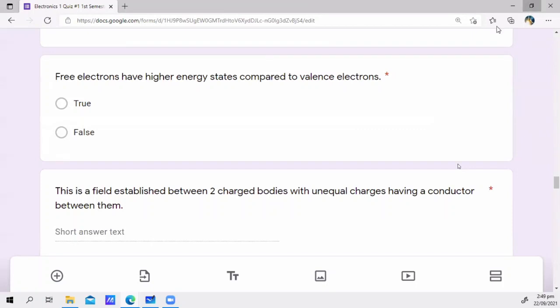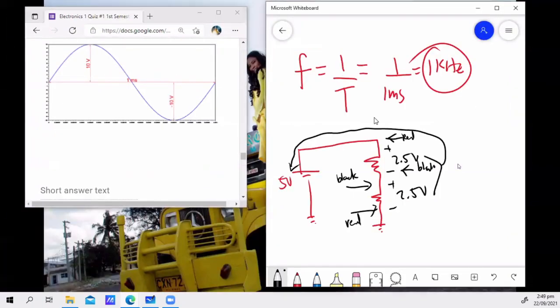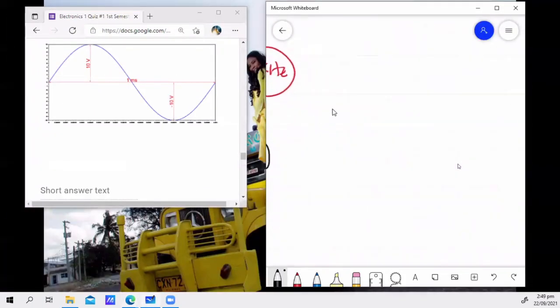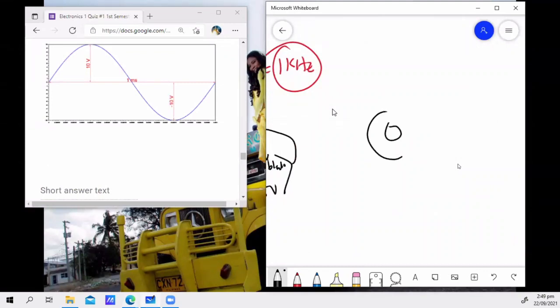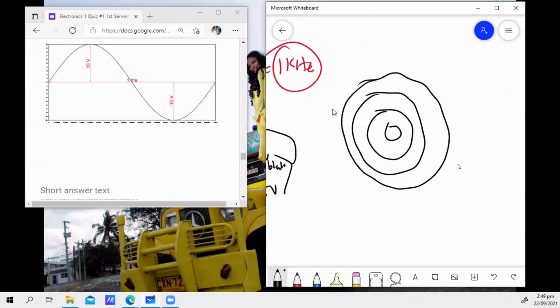So balik tayo dito sa whiteboard. So remember, sa atomic structure natin, for example, meron tayong tatlong bands na lang to simplify. So let's say you have electrons on each band. So I don't know kung gaano karami yan. I'm not a chemist.